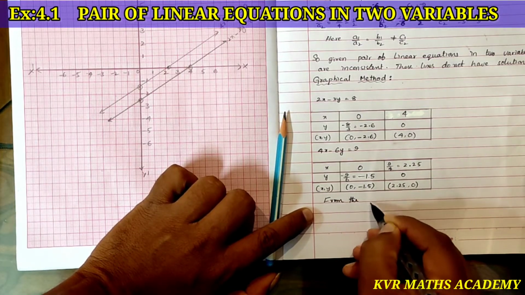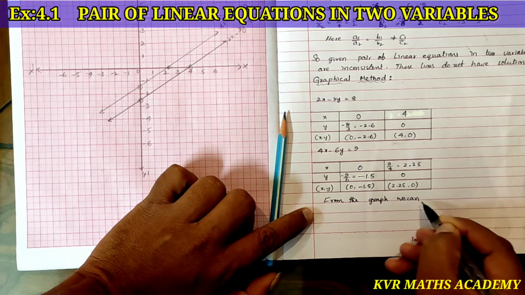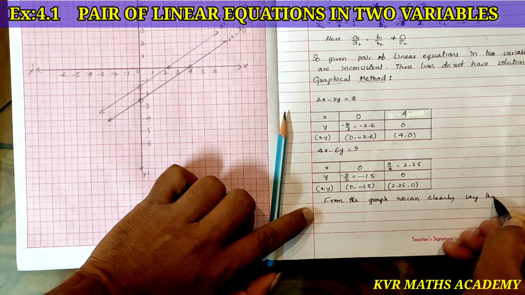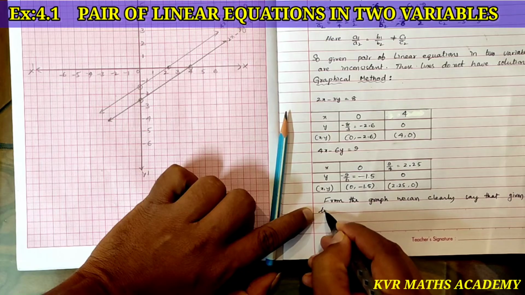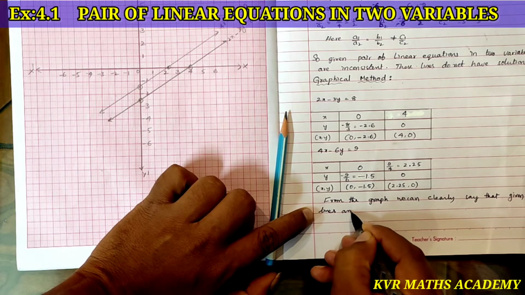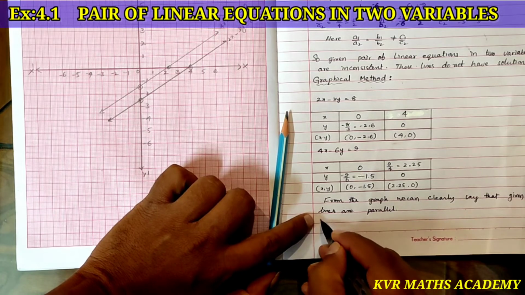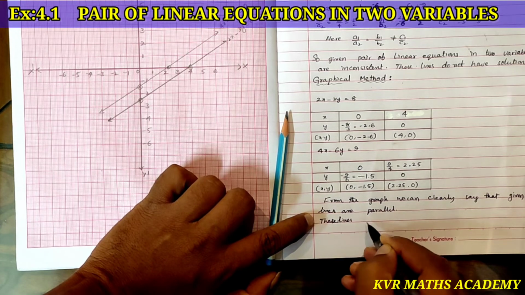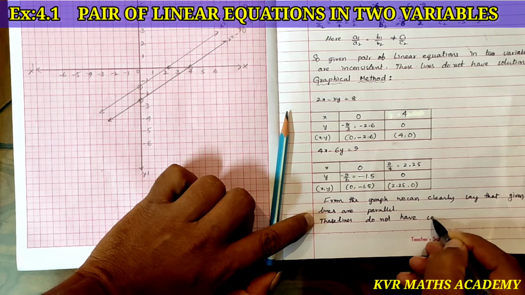From the graph we can clearly say that the given lines are parallel. Parallel means these lines do not have a solution.